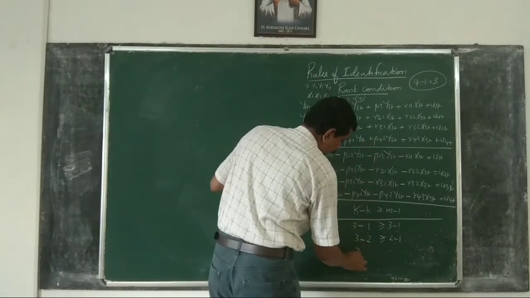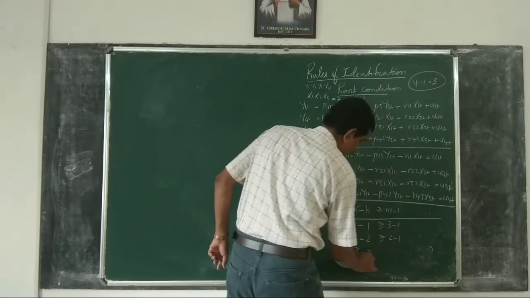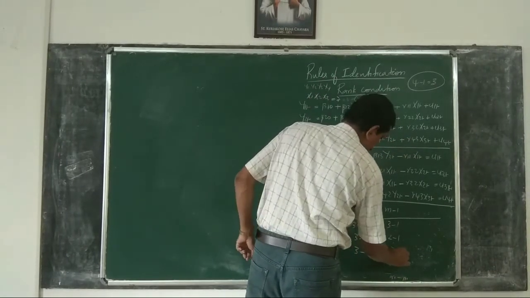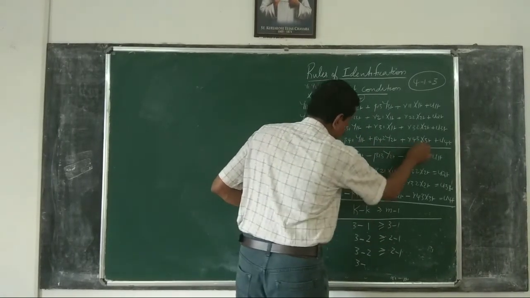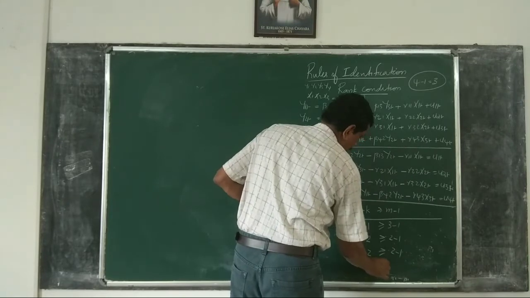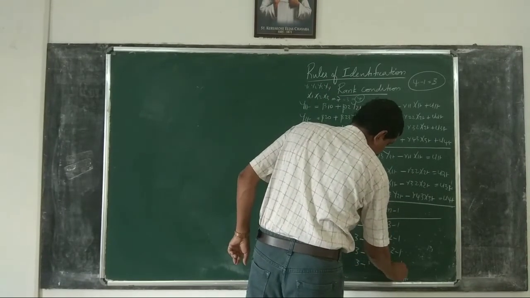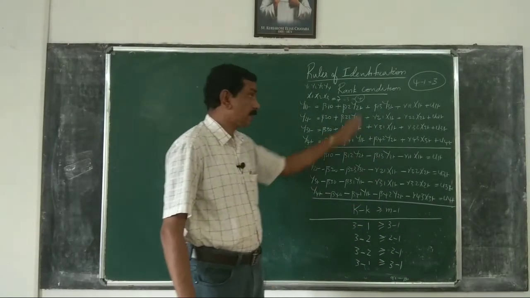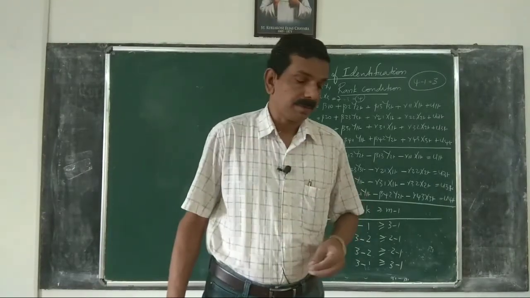Then 3 minus 2 is greater than or equal to 2 minus 1, exactly identified. Then 3 minus 1 is greater than or equal to 3 minus 1. So all the equations are exactly identified using the order condition.